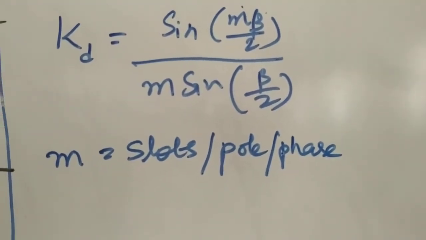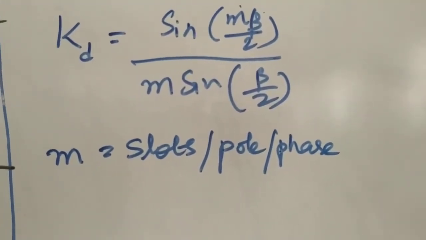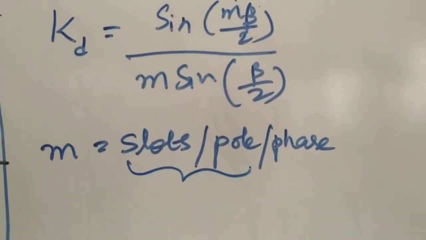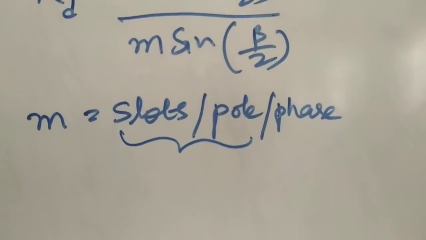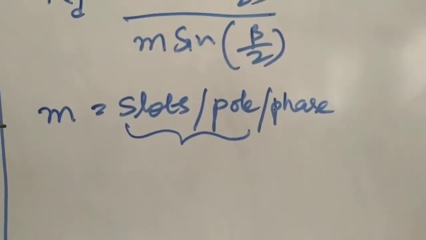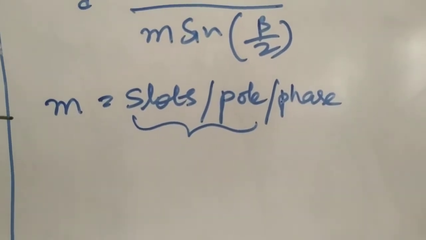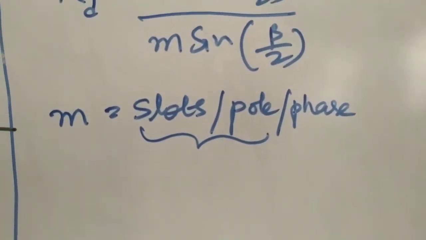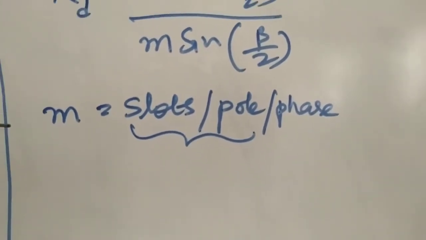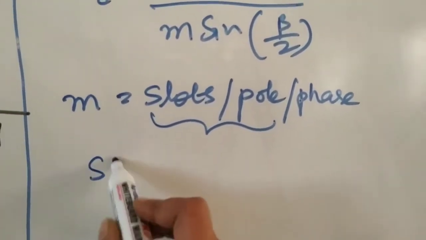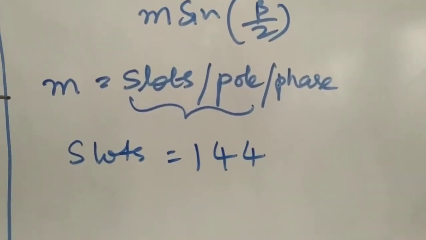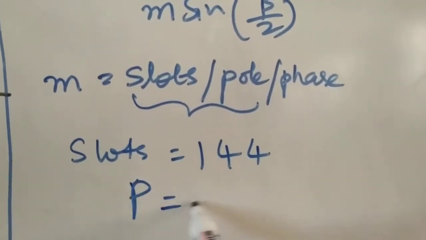So how to solve this? Slots per pole per phase. First we have to determine the slots per pole. We can solve this since the number of slots is given: 144 slots, and the number of poles is 16.